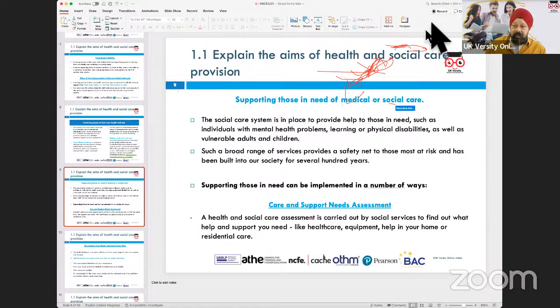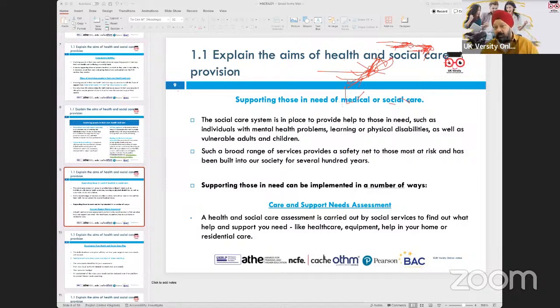Now, this is something that needs to be looked at from a point of view of assessment. And this assessment allows essentially for very detailed planning to be done.